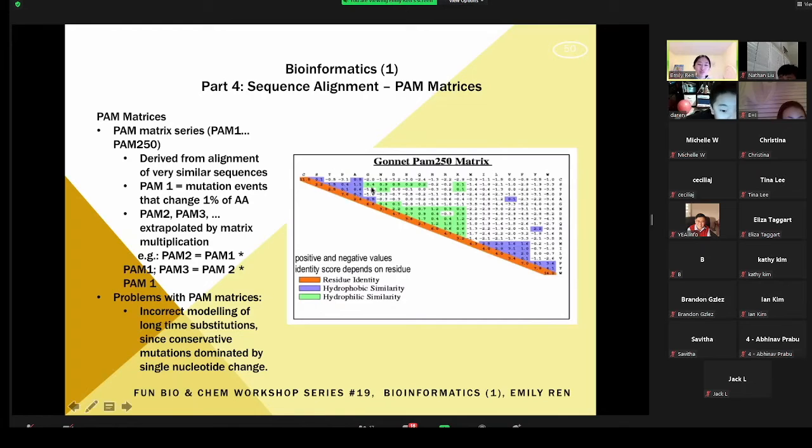So for example, if we multiply PAM1 by PAM1, we can get PAM2. And to get PAM3, we can multiply PAM2 by PAM1. And there are a few problems with PAM matrices. So these can incorrectly model long-time substitutions since conservative mutations usually have only one nucleotide change.